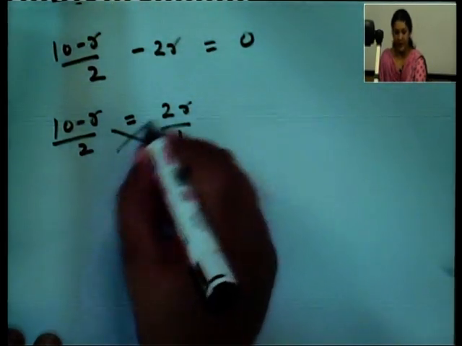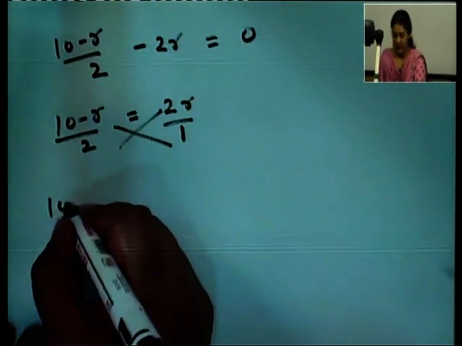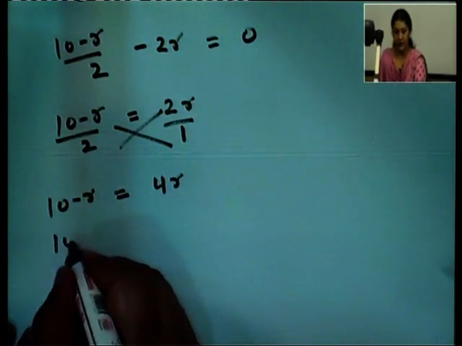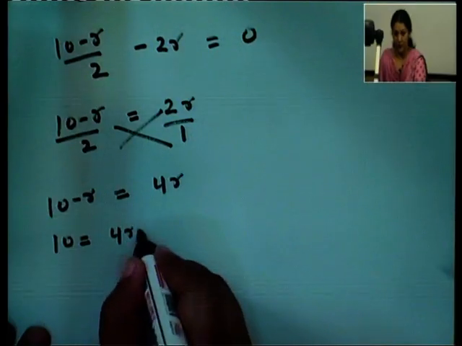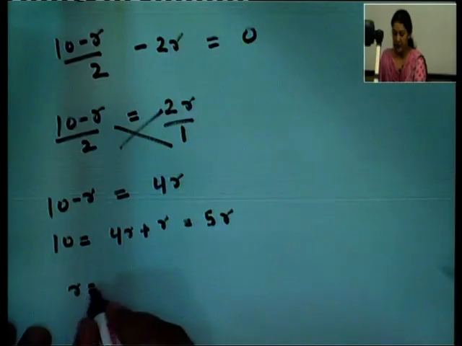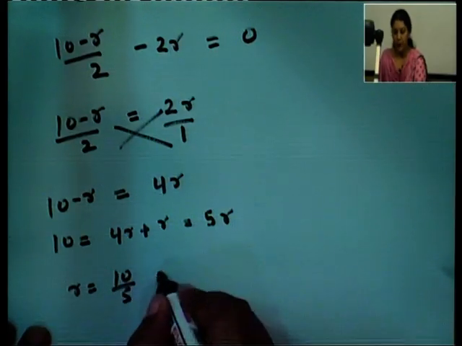Now cross multiplying, what will I get? 10 minus r is equal to 4r. So 10 will be equal to 4r plus r, which is 5r. So r will be equal to 10 upon 5, which is 2.